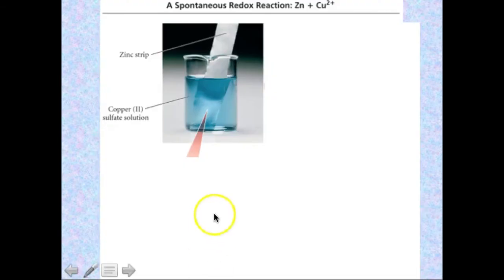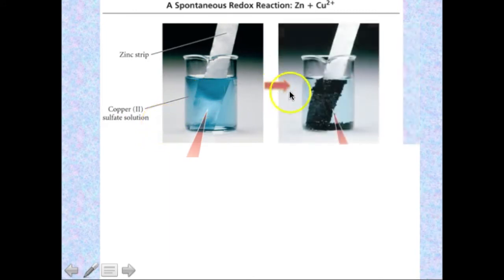What would happen if we took a piece of zinc metal, a strip of it, and put it into a solution of copper 2 sulfate? Well, within a very short amount of time, we'd see black copper forming on the surface of the zinc metal. And if we analyze the solution, we would find zinc ion floating around in the solution.